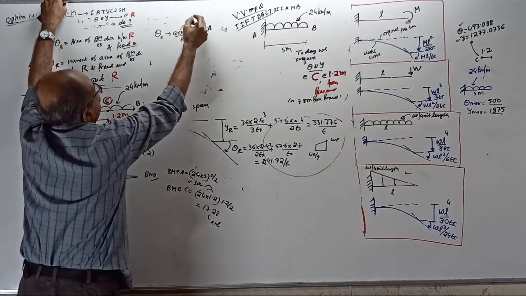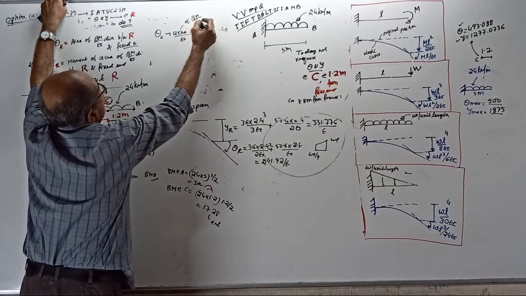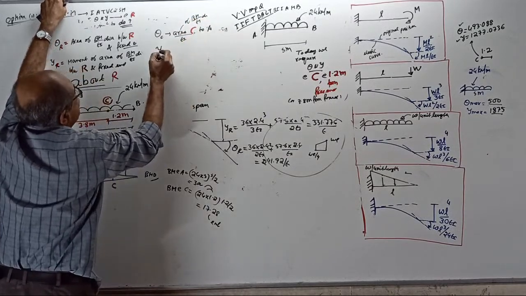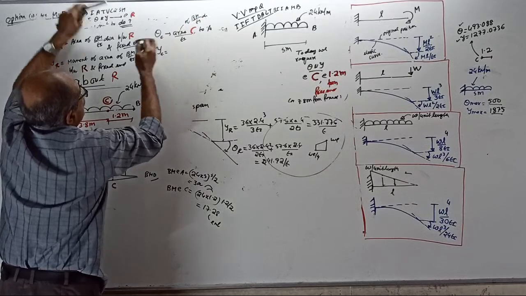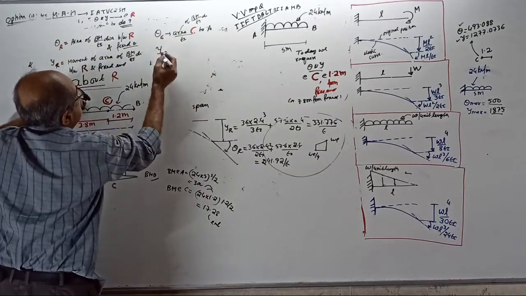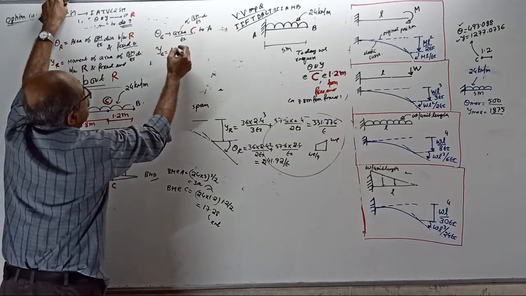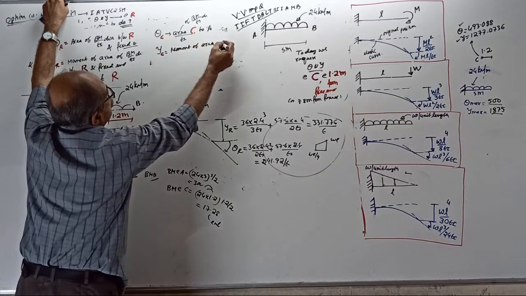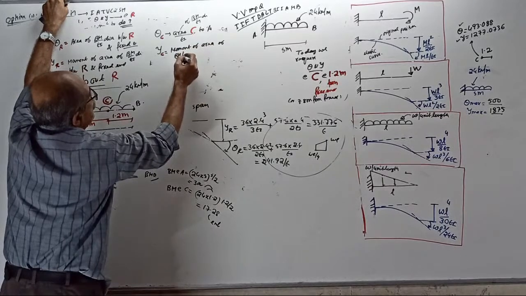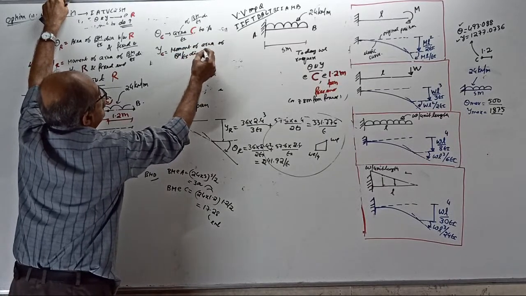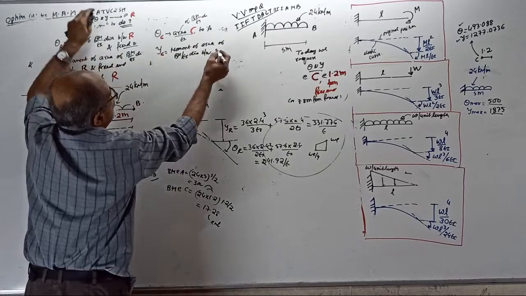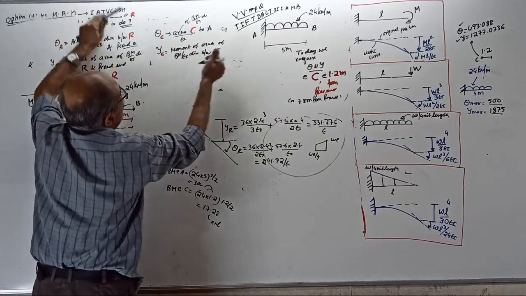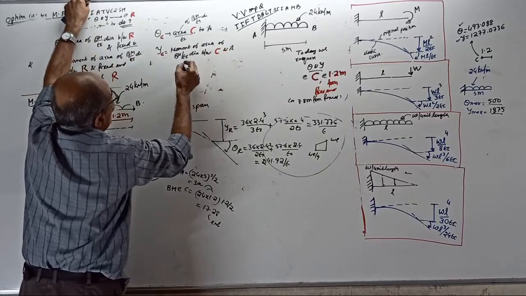And deflection at C is the moment of the area of the BM by EI diagram between C and A, about C.